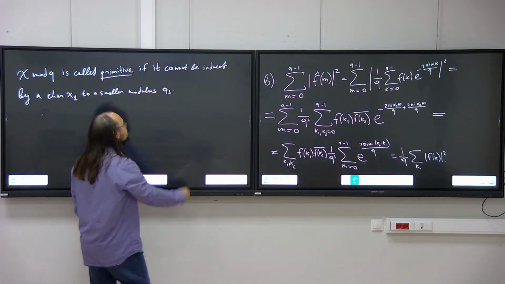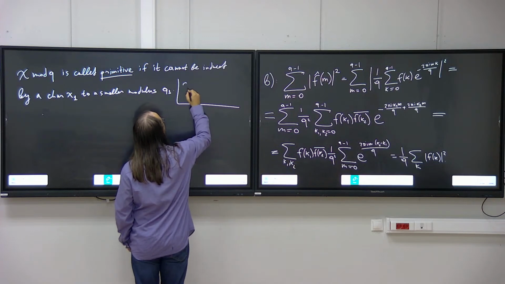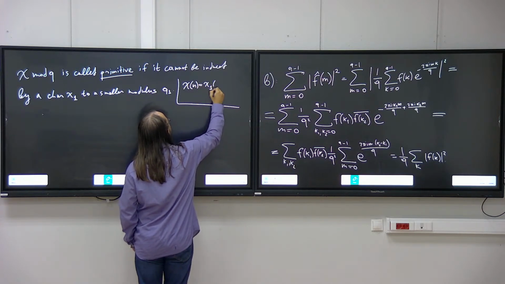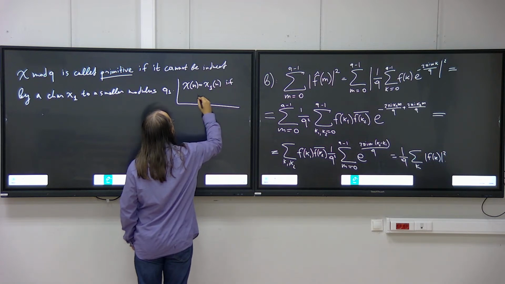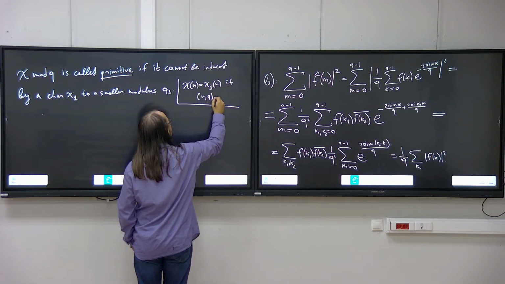And by induced, I mean that chi of n should be equal to chi1 of n if n and q are coprime.